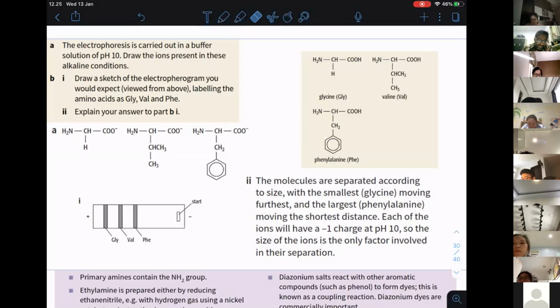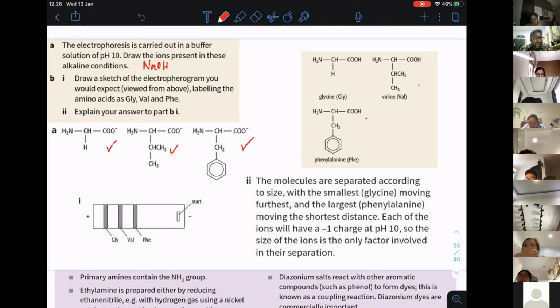Let's say you are using sodium hydroxide, so the H+ from the carboxylic acid will go, and you will get this ion. And the same thing here for valine, the H+ will go and you will get this ion. The H+ from here will go, you will get this ion. These are the ions. So these are the chemicals to make them into the same charge, a negative charge.